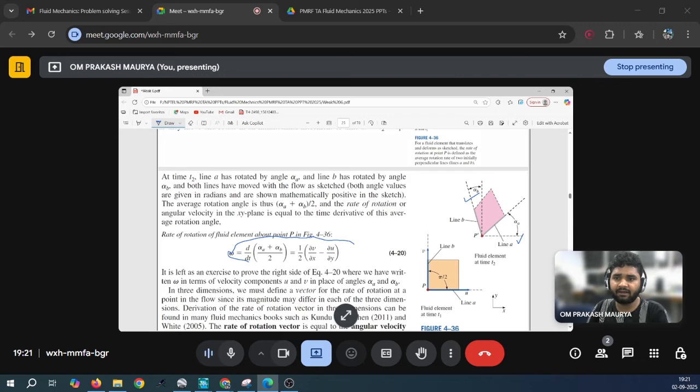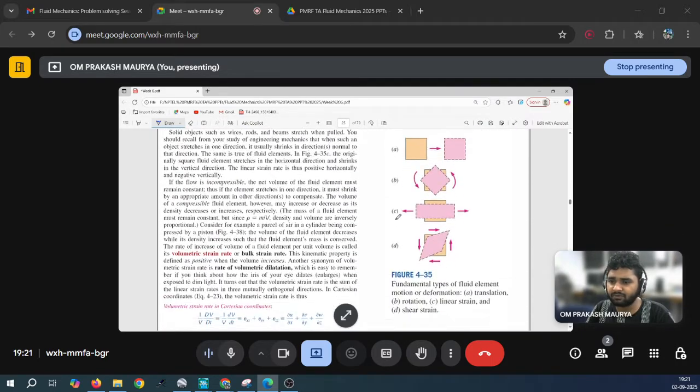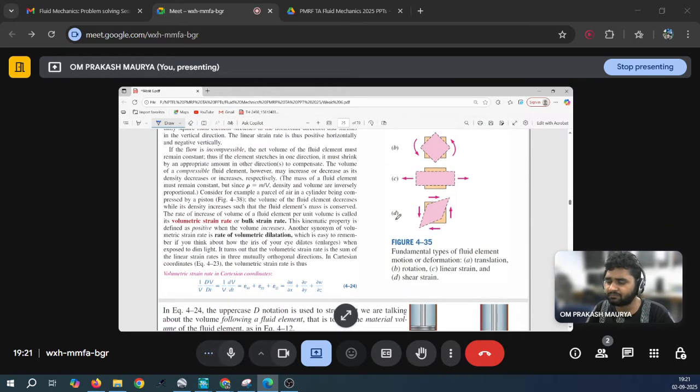Whatever the turn angle you find with respect to line A and line B, you take the average, and by averaging you get the final expression, del u by del x minus del u by del y. I also have an explanation, so I want to just show you whether it is here or not.